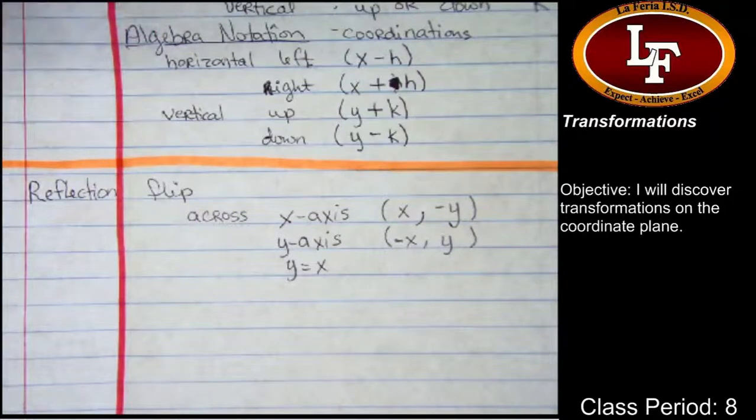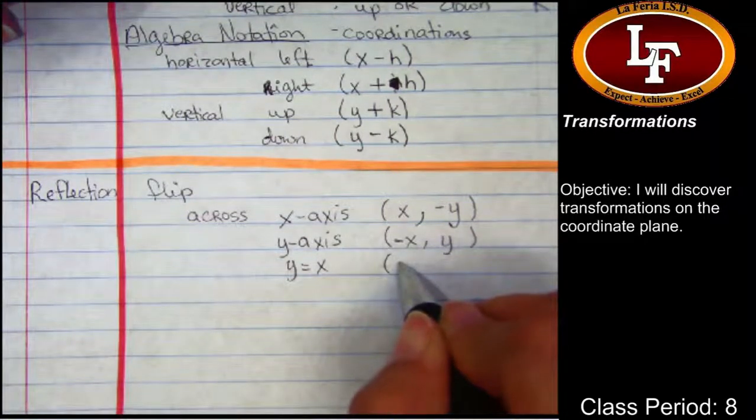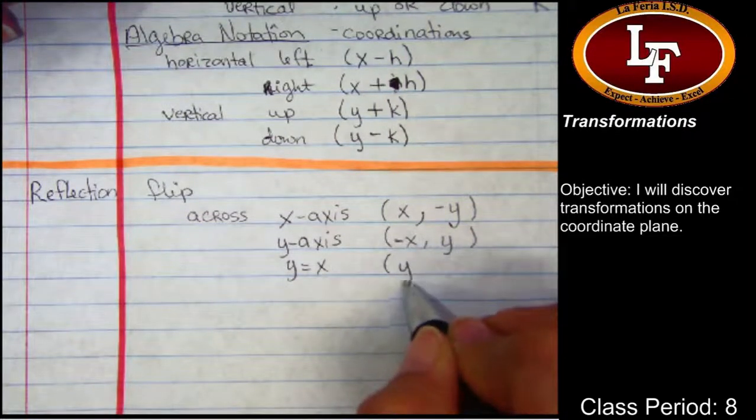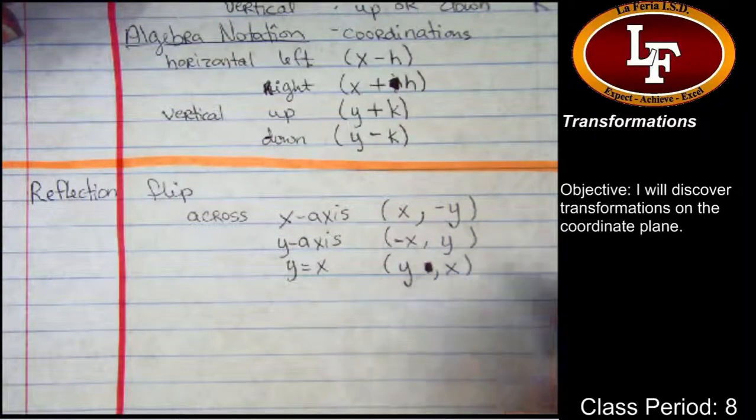If you're reflecting across the y equals x line, then you're going to switch the position of the x and the y.